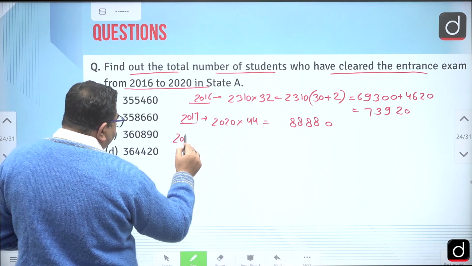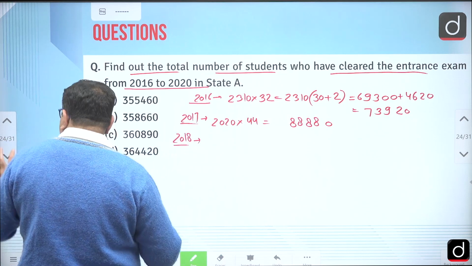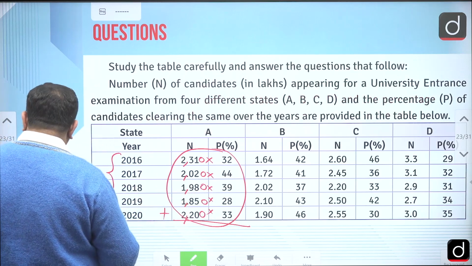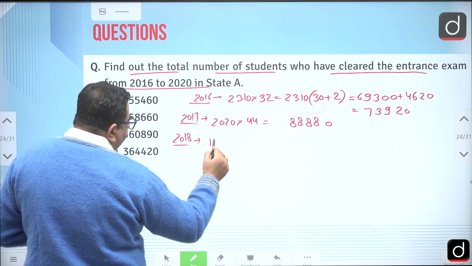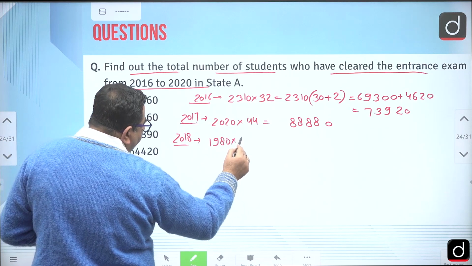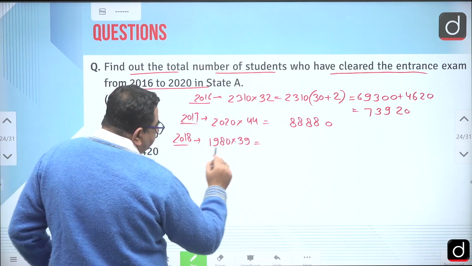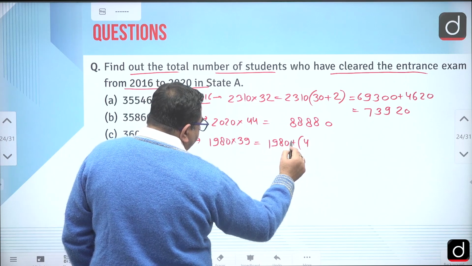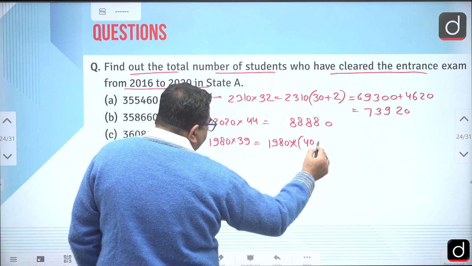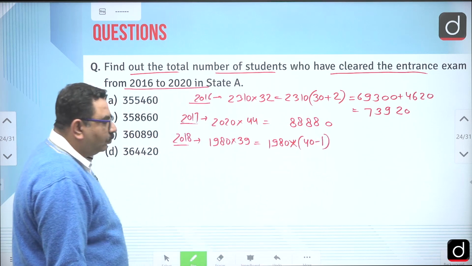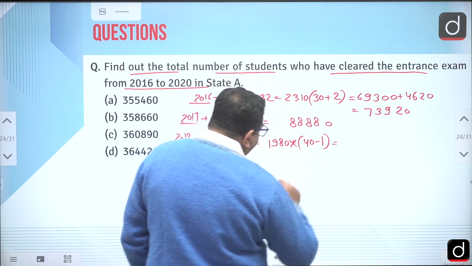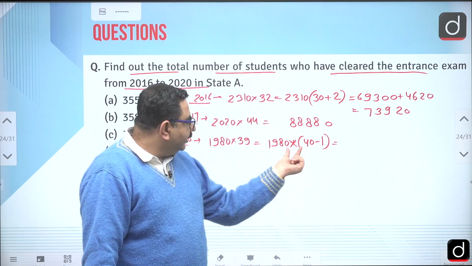Then in 2018, 1980 into 39, right? Then this we can write as 1980 into 40 minus 1. So doing 4 times of this number, can I say 198 into 4?